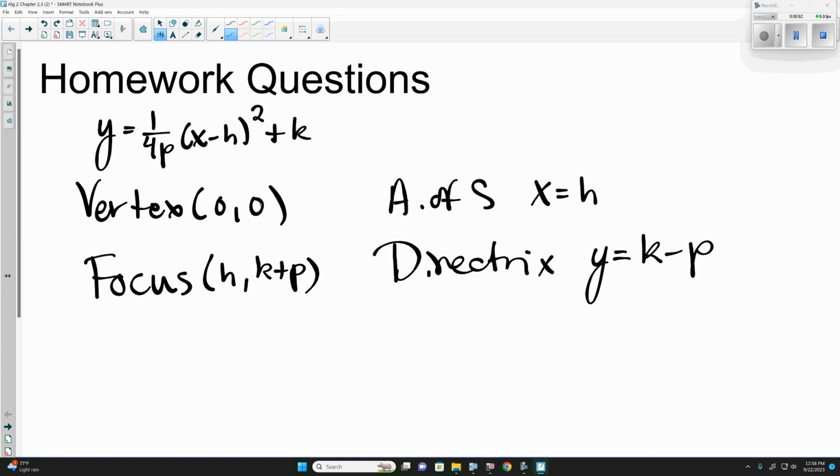The vertex for these is going to be on the origin, which means every h and every k for all of these is going to be 0. That's the only change: the vertex is now on the origin, the point (0, 0), instead of somewhere else on the graph.